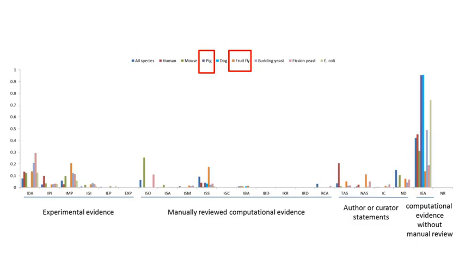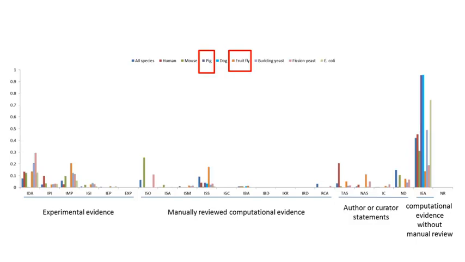For instance, as shown in this figure, among all fruit fly genes, 40% were annotated by experimental evidence, 20% by manually reviewed computational evidence, 20% by other author or curator statements, and only 20% by computational evidence without manual review.